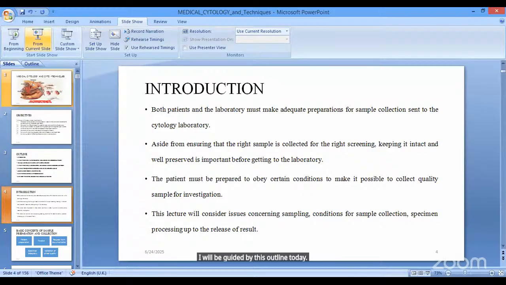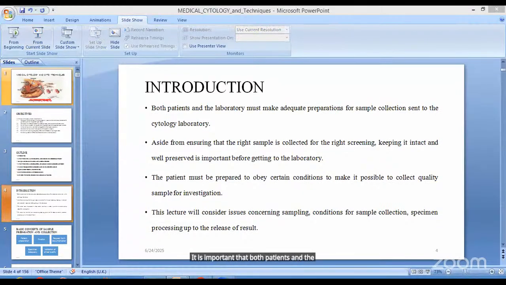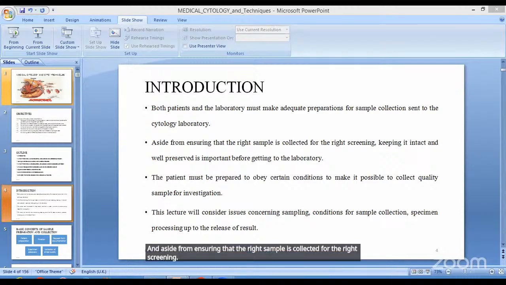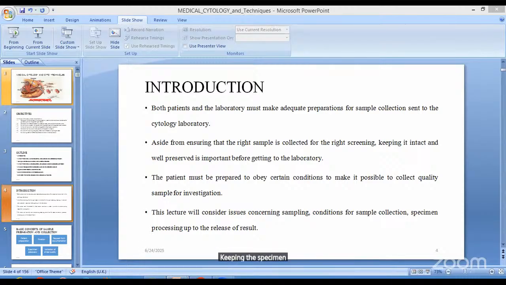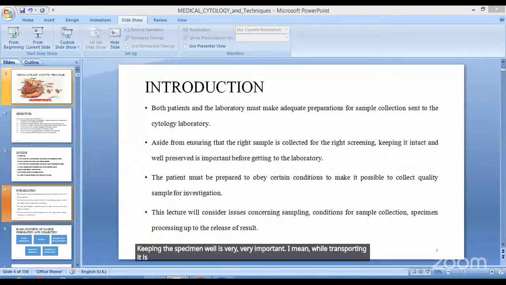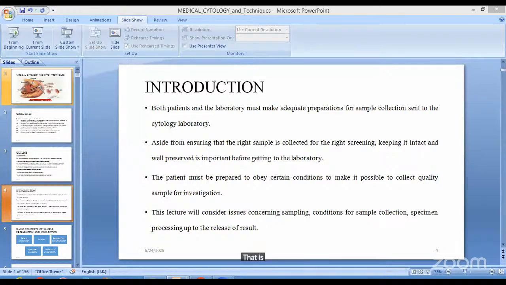It is important that both patients and the laboratory take adequate preparations for cytology sample collection and processing in the laboratory. Aside from ensuring that the right sample is collected for the right screening, keeping the specimen well is very, very important. While transporting it, it must be preserved before it gets to the laboratory.